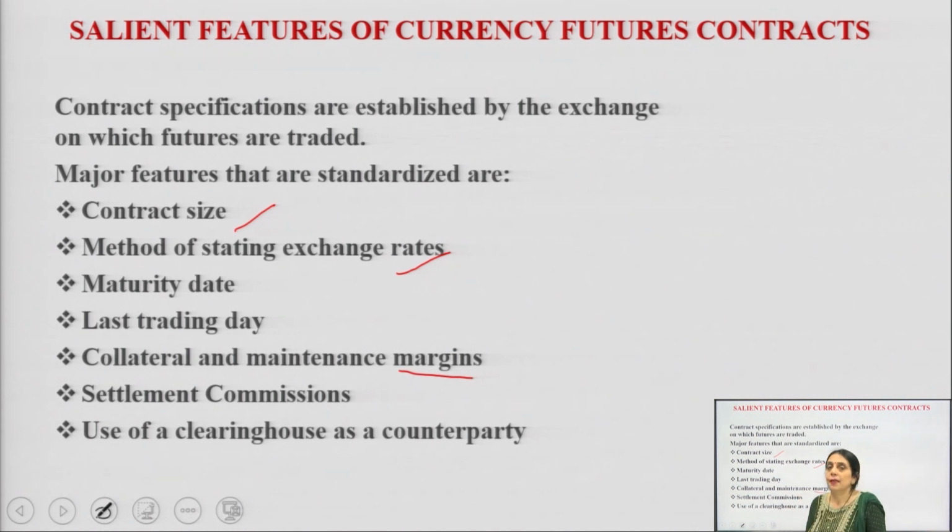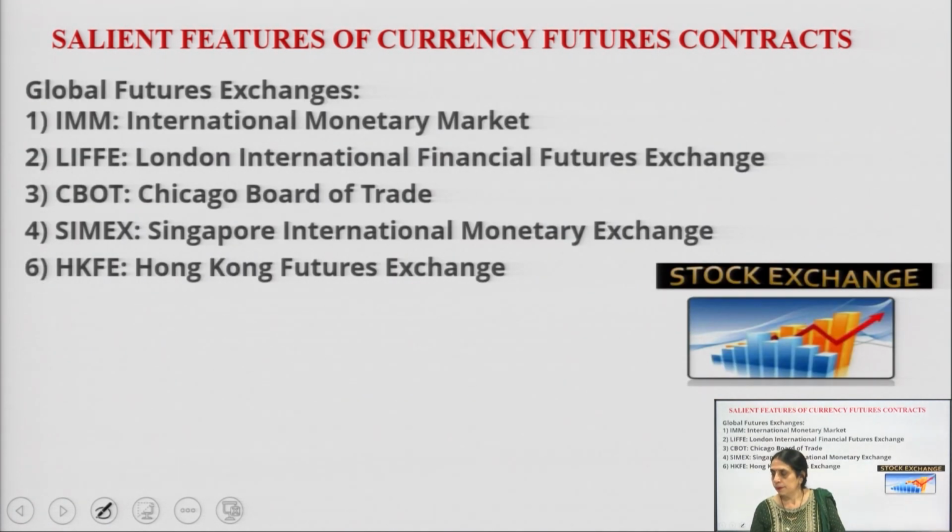Settlement commission is there. The commission is taken by the bank in which you have opened the demat account. Then the use of the clearing house as the counterparty. There is no counterparty risk in the case of currency future contracts.